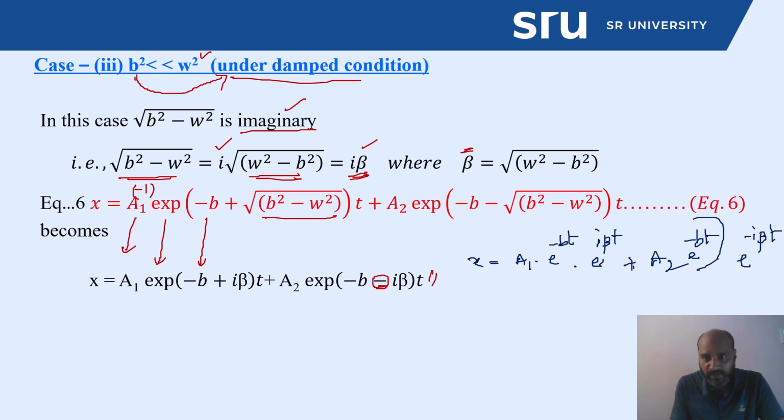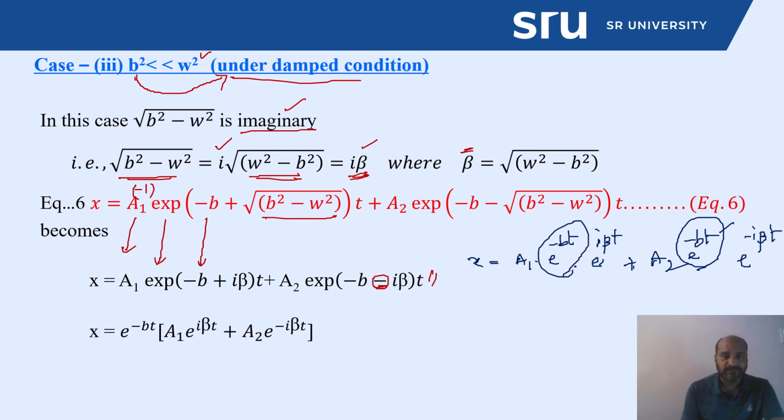So here e to the power of minus bt is common. If you take that e to the power of minus bt common, the remaining will be a1 e to the power of i beta t plus a2 e to the power of minus i beta t.